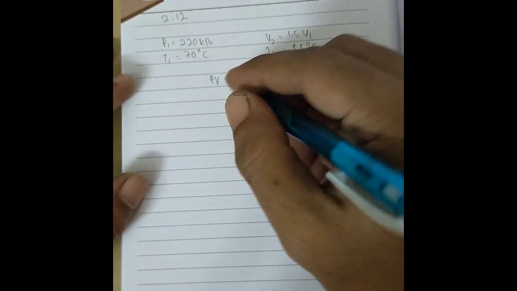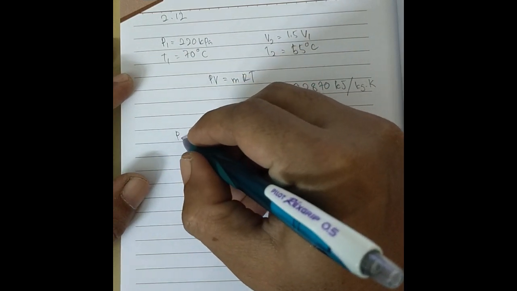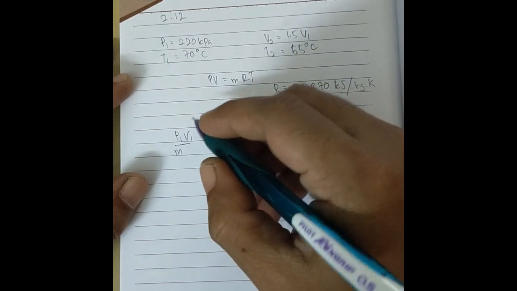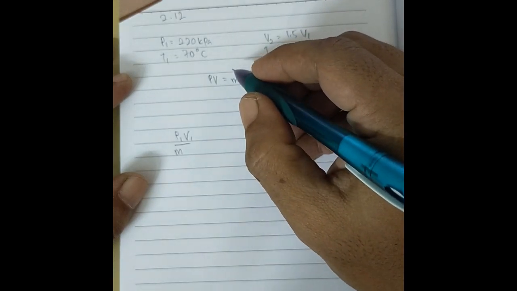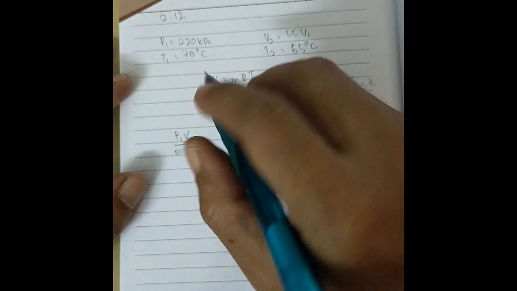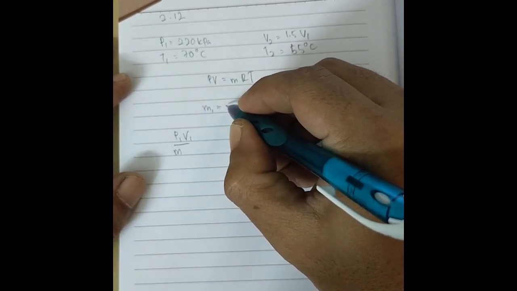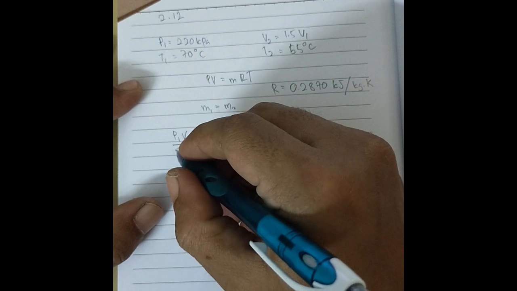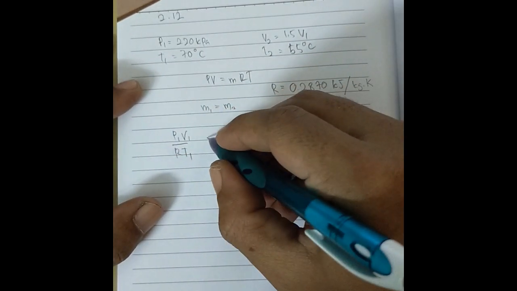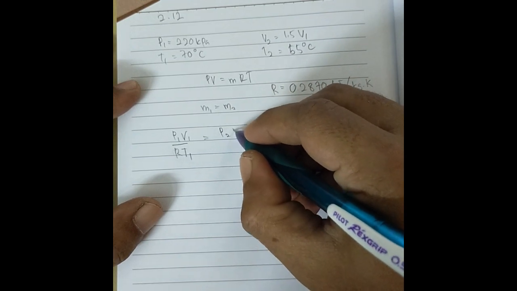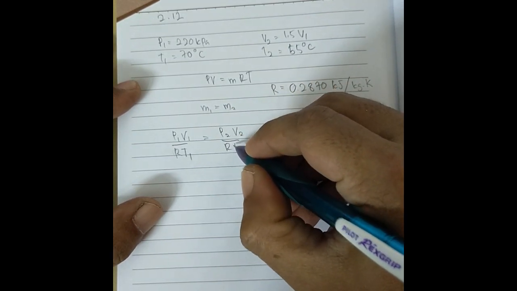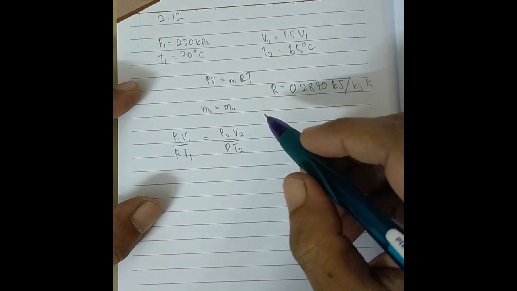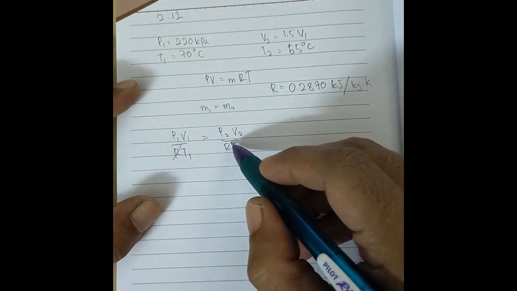So we can write the equation: P1 V1 equals mRT1, and P2 V2 equals mRT2. The mass is equal, mass 1 equals mass 2, and as the gas constant is the same, we cancel it out.